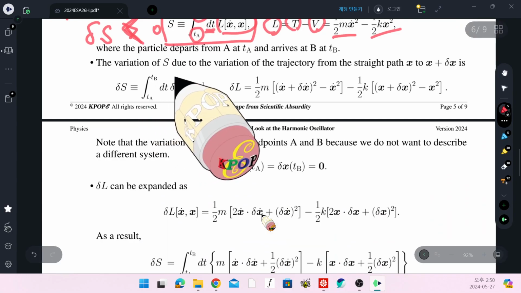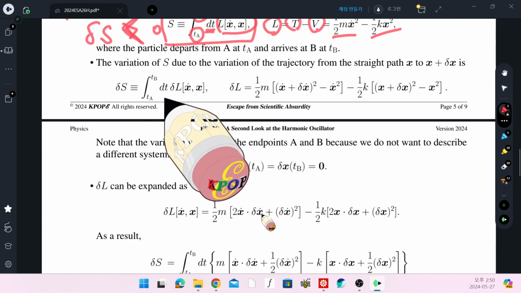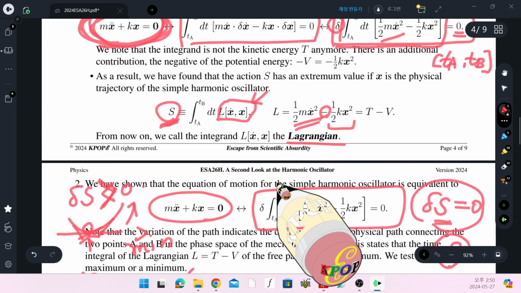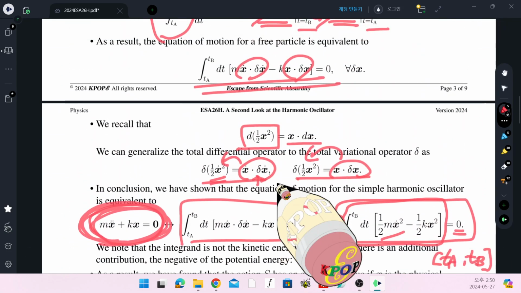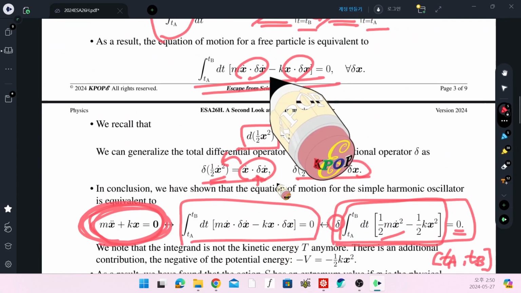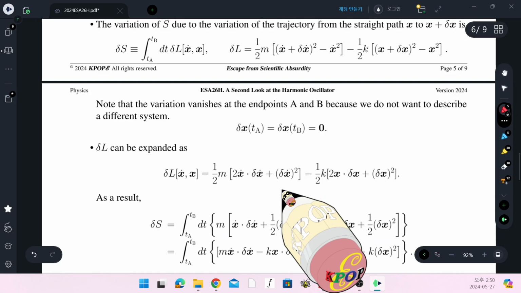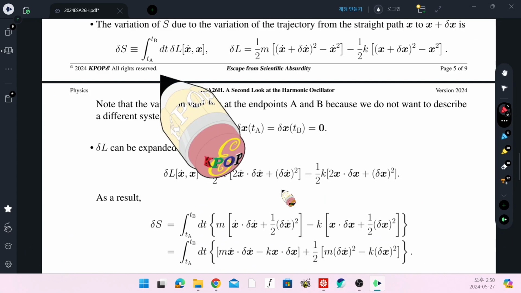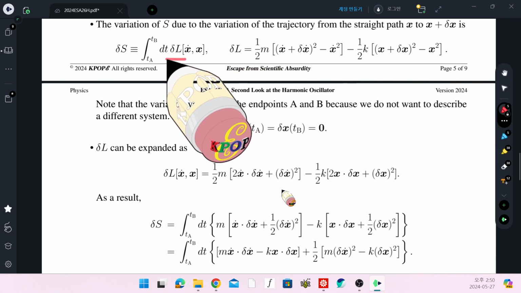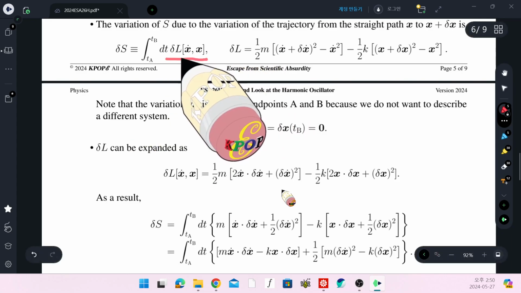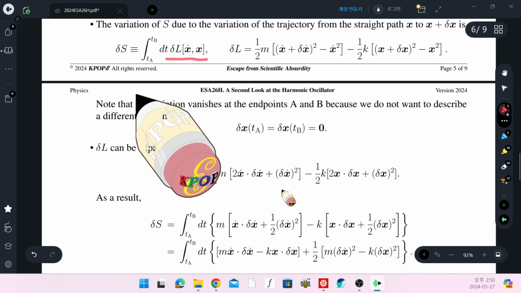Now we extend our variation to order delta squared. In the previous derivation, we kept only the order delta contribution. Now we extend it to order delta x squared. Let's see what's the variation of the integrand.